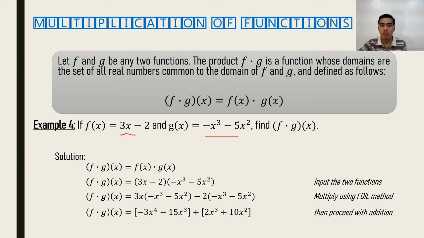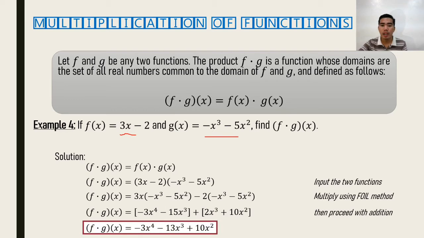Ayan, so on and so forth. Then, get the result. Okay, so we have negative 3x to the fourth minus negative 15x cubed plus 2x cubed. Like terms man ito. So, that's the time now na i-subtract natin. Since we have negative at positive, subtract yun siya.